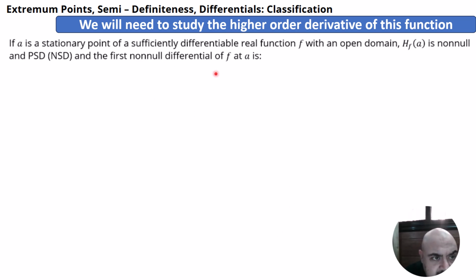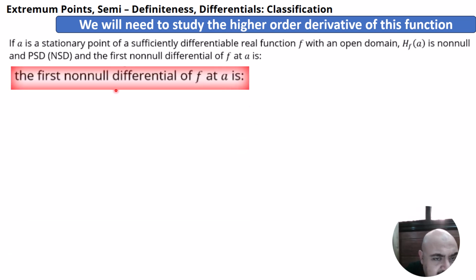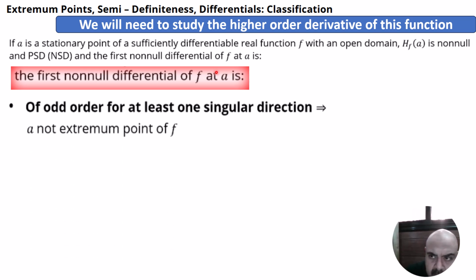So if you read this paragraph: if A is a stationary point of a sufficiently differentiable real function with an open domain, the Hessian matrix is non-null but positive semi-definite or negative semi-definite, and the first non-null differential of f at A is... pay attention, not the first, just look at the first non-null partial derivative. Again, I have f double prime at this point failed, and since they are negative semi-definite, I continue as you will see. I go and get the first differential that is not equal to zero, the first null differential of A.